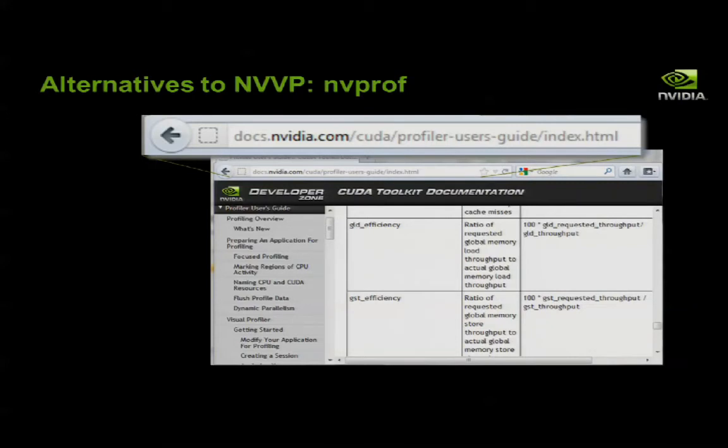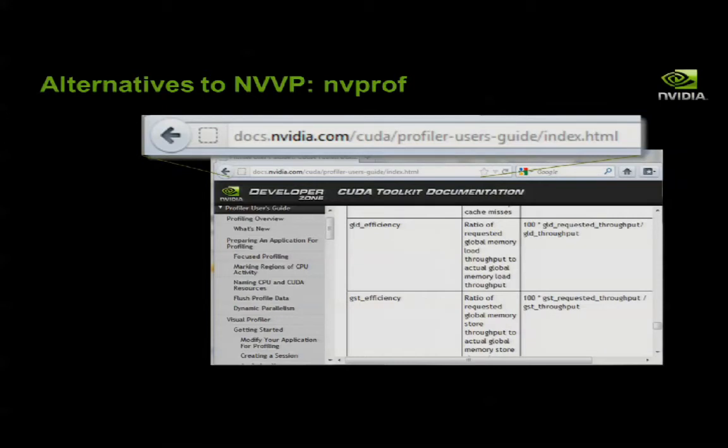Here, I wouldn't have needed to go to the actual website, but in the documentation for the profiler, it tells us, for instance, how the global load efficiency metric is computed.